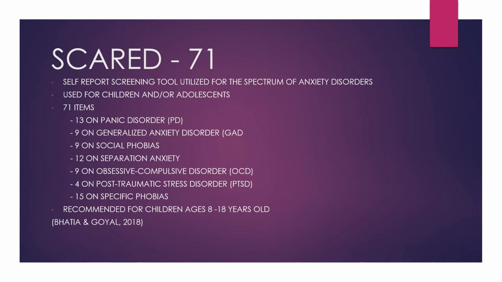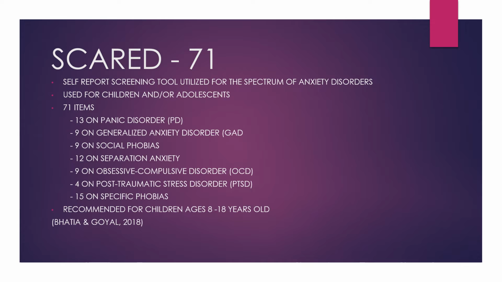Of the 71 items, 13 are on panic disorder, 9 are on generalized anxiety, 9 are on social phobias, 12 are on separation anxiety, 9 are on obsessive compulsive disorder, 4 on post-traumatic stress disorder, and 15 are on specific phobias.